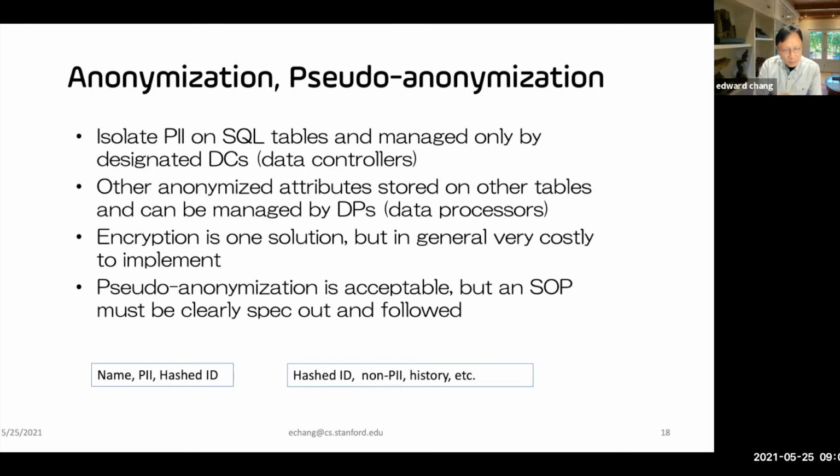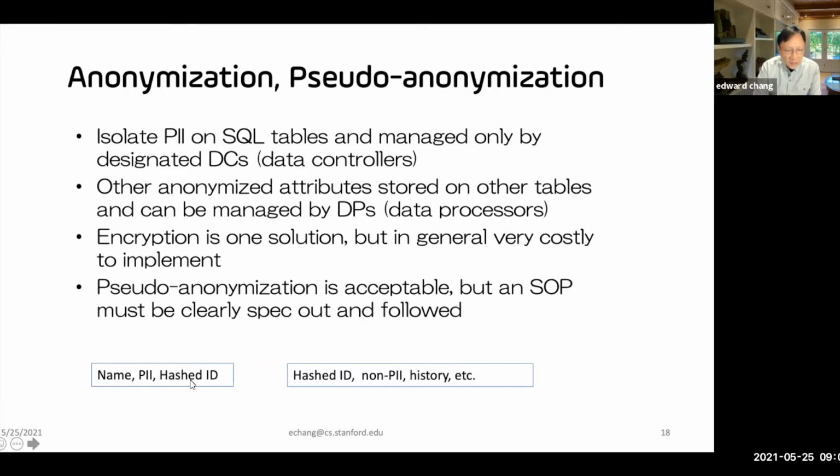So a basic practice is as follows. Like I say, if you have a consumer's data, you want to separate the data into two relational database tables. In one table, I can store his or her name and the personal identifiable information, and then have a hash ID.